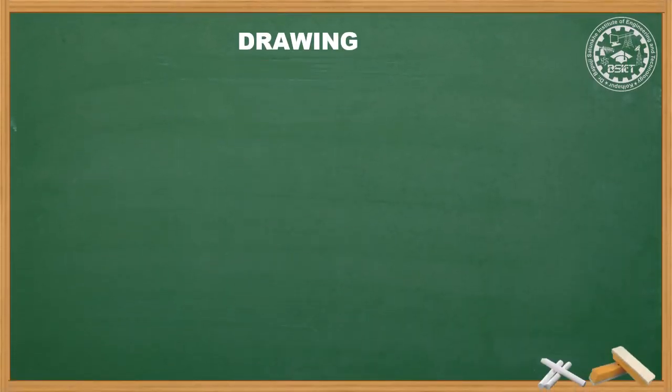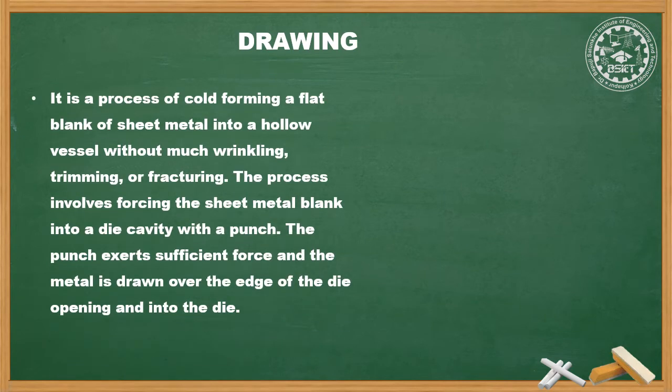Again, drawing is a process of forming a flat blank of sheet metal into a hollow vessel without much wrinkling, trimming, or fracturing. The process involves forcing the sheet metal blank into the die cavity with a punch. The punch exerts sufficient force on the blank, and the metal is drawn over the edge of the die opening and into the die.